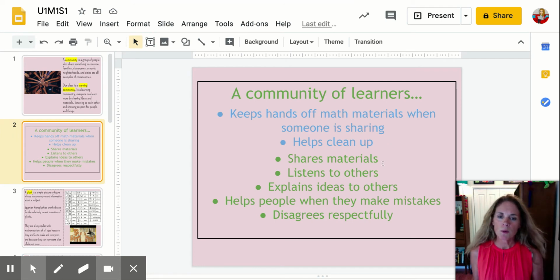And then we also have shares materials, listens to others, explains ideas to others, helps people when they make mistakes, and disagrees respectfully. What do you think? Why is one set blue and the other set green? Maybe I'll tell you later, or maybe I'll ask you later.